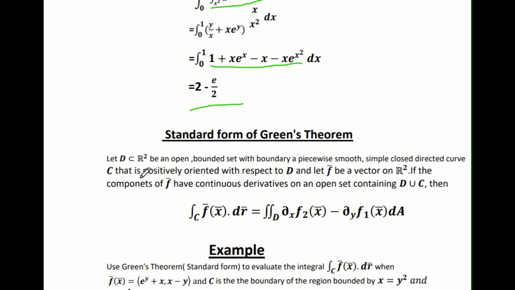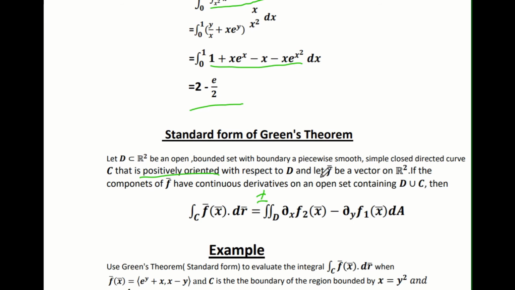With the standard form, we have to consider the orientation of the curve, whether it's negatively or positively orientated. If it's positively orientated, here we have a plus, like in this case. If it was negatively orientated, you make this a minus.